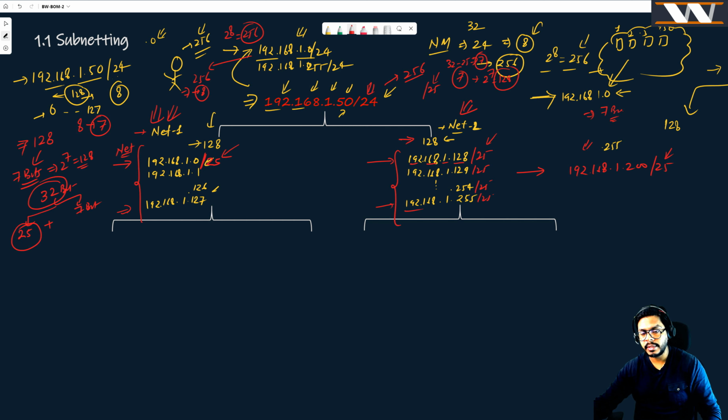If you calculate them, these are going to be 128 hosts. And now this IP address belongs to network number 2, whose network number is 192.168.1.128, and the broadcast address is .255. It is as simple as that, right?